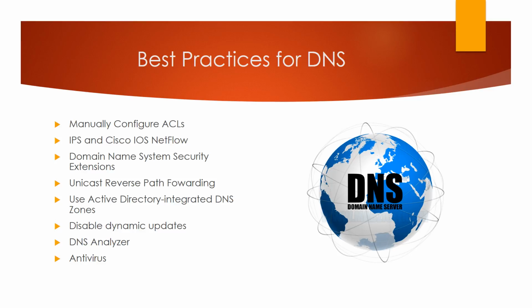Next, you have unicast reverse path forwarding. Unicast reverse path forwarding is a feature that can reduce the effectiveness of packets with spoofed source addresses. A network using unicast RPF evaluates the source of each IP packet against its local routing table in order to determine source address validity.